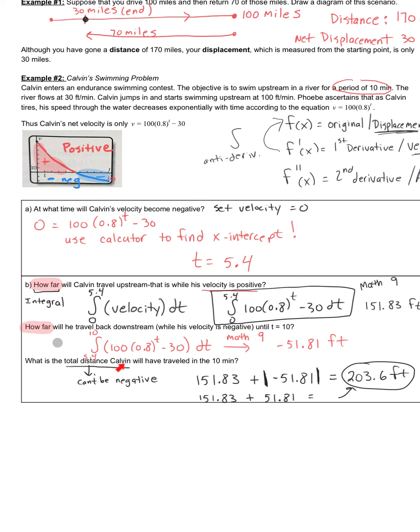For the total distance traveled, distance cannot be negative, so we have to take the absolute value of this interval and add them together, and we get 203.6 feet. Okay, again, distance can't be negative. All right, now the next thing we're going to do is we're going to find the displacement for this interval. All right, so we're going to see you on the back side.